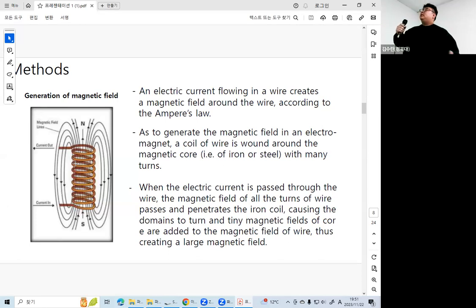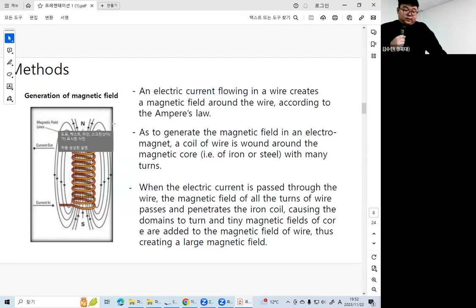Here you can see the coil and magnetic field lines. An electric current flowing in a wire creates a magnetic field around the wire according to Ampere's law.